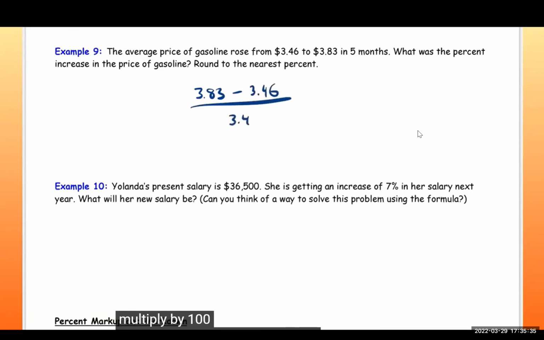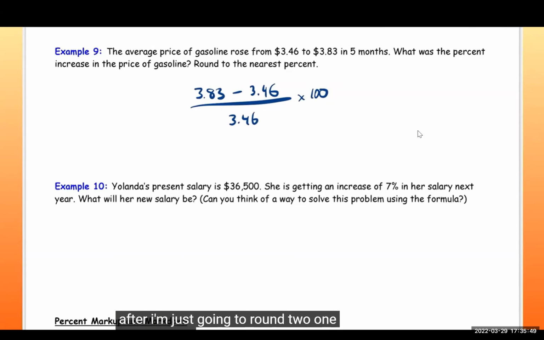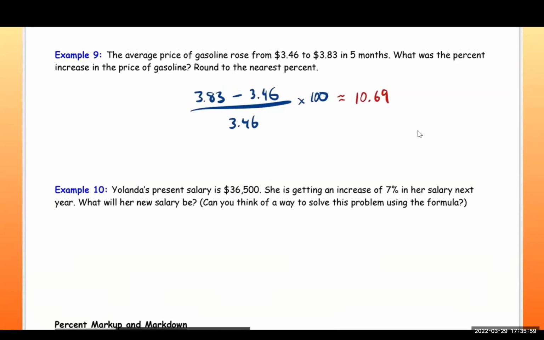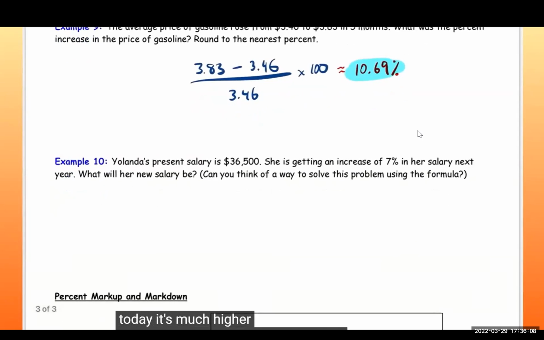Let's see what this turns out to be. I'm getting an approximation again, but I'm just going to round, 2 decimal places is fine. Approximately 10.69. All right, so that was the percent increase in gas prices. Today it's much higher.